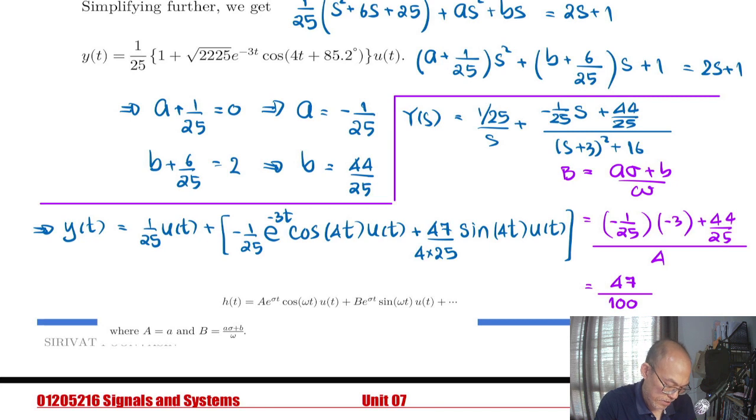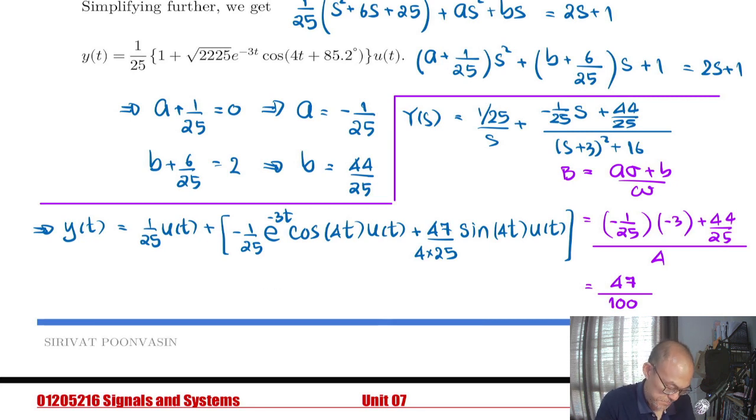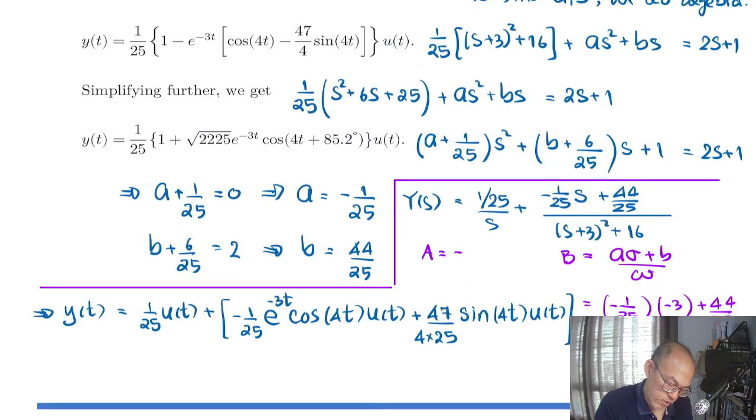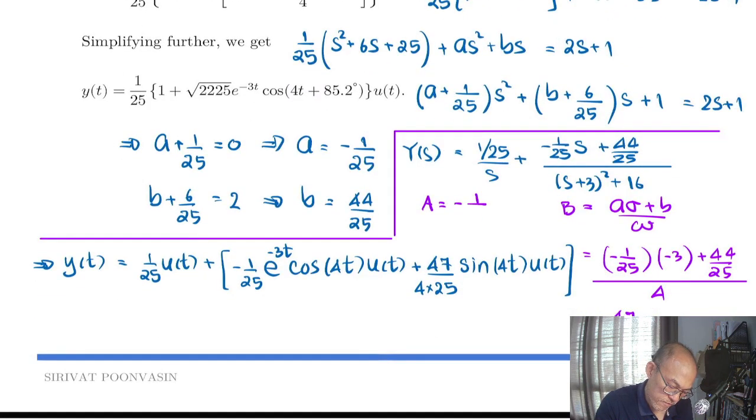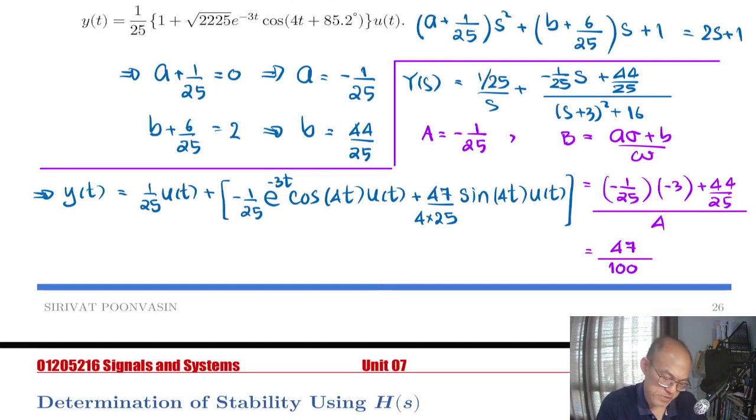Okay, and now I can erase this. Don't need this anymore. I should write down A is equal to minus 1 over 25. I'm going to pull minus 1 over 25 e to the minus 3t out. Oh, I forgot this term, e to the minus 3t here.